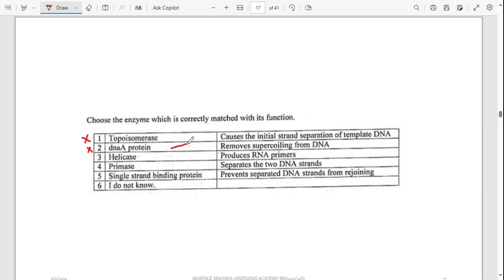That is helicase, the one causing the first separation. Topoisomerase is the removal of supercoils. Helicase produces RNA? No, helicase separates two DNA strands. This is its function. Primase produces the RNA primer. This is its function. Single-strand binding protein prevents separated DNA from rejoining. So that's the correct one.